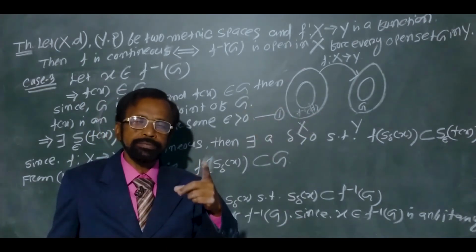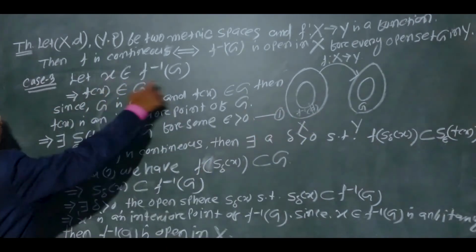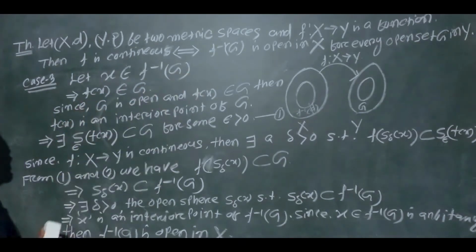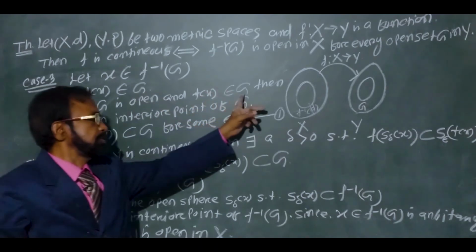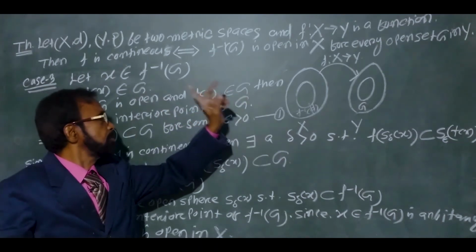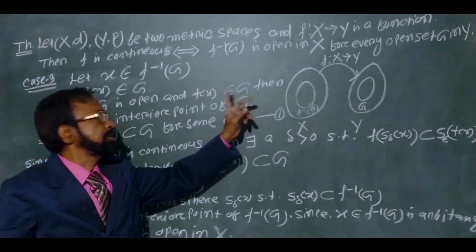Let's take a point. Let x belong to f inverse G, which implies f(x) belongs to G. Since G is open and f(x) belongs to G, then each element of G must be an interior point.